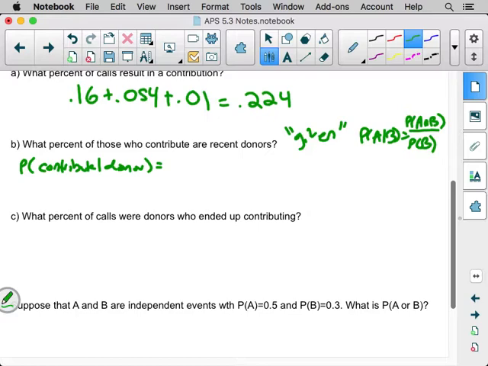So here at the top is the probability that both happen, right? The probability that they're a donor and contribute, divided by the probability that the condition ended up happening, that they actually are, or that they actually were a recent donor.